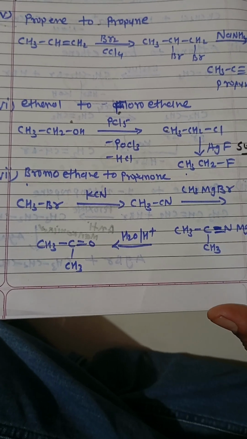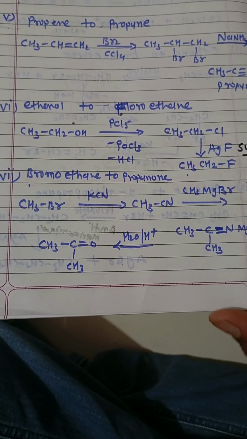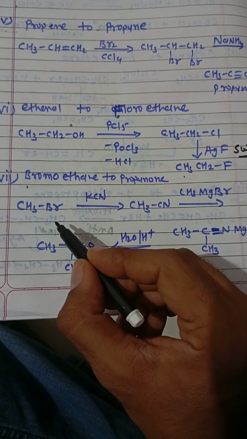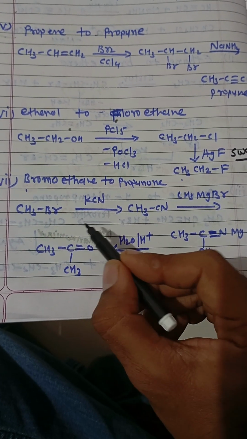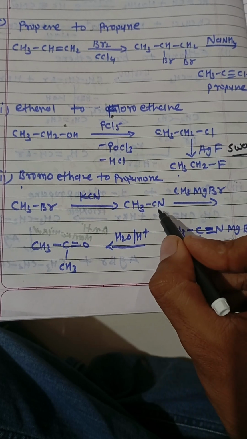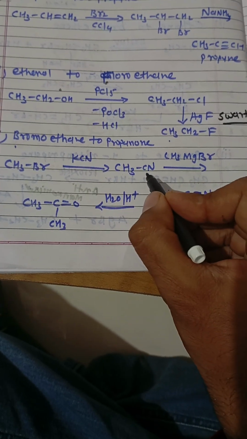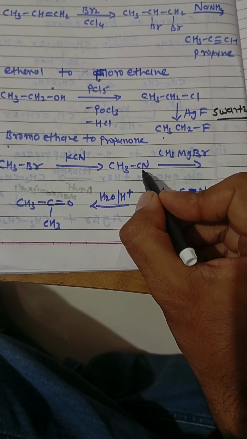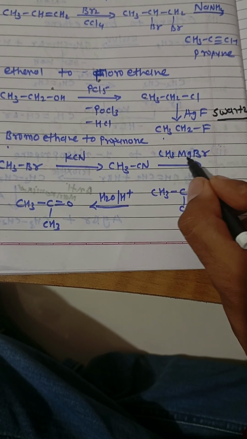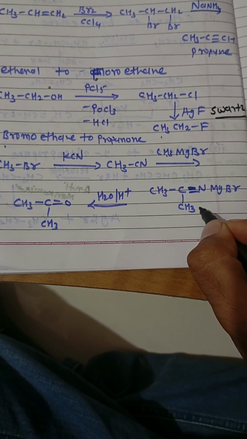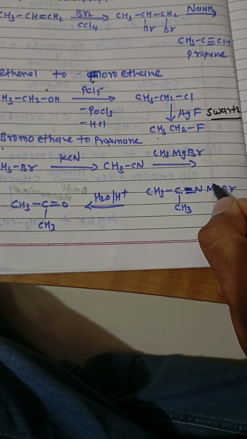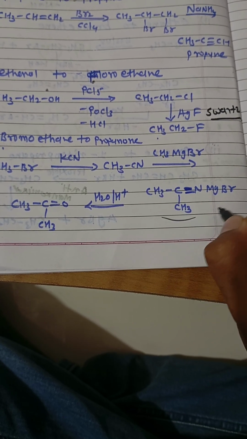Next reaction, bromoethane to propanone. Here we have bromoethane. When it reacts with KCN, it forms CH3CN, which is called methyl cyanide. It reacts with a Grignard reagent like methyl magnesium bromide, and due to this reaction we get this kind of compound.